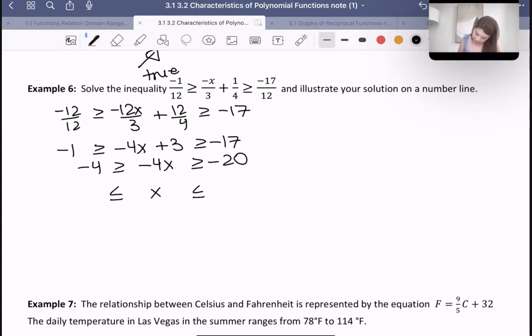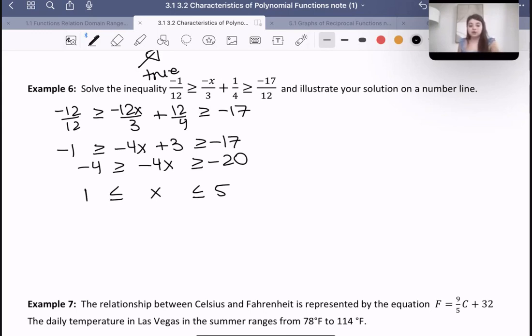Here we're going to get 1, and here we're going to get 5. So that's our answer. It's going to be between 1 and 5, including those numbers.